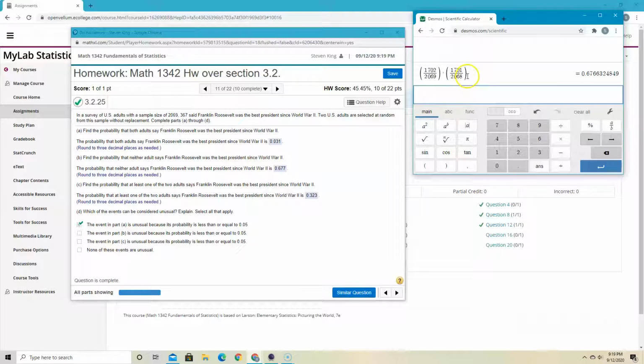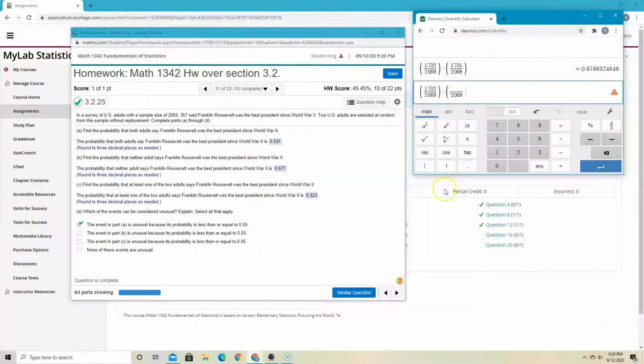If we would have put the first person back in the group after they were selected, and now pick again, well now there would still be in the denominator 2069.